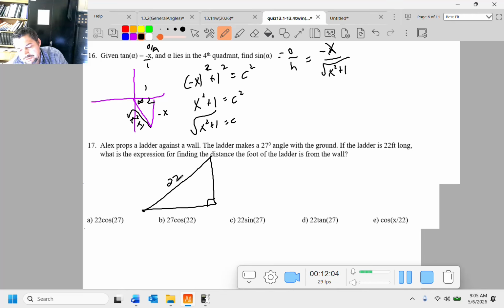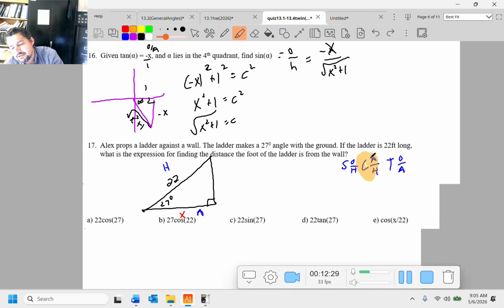But this ladder is 22 feet long. It forms a 27-degree angle with the ground. And I want to know how far the base of this ladder is from the wall. So I'll just call that x. And x's relationship to the angle is adjacent, and 22, of course, is the hypotenuse. And it's just a good old SOHCAHTOA problem is all she is.